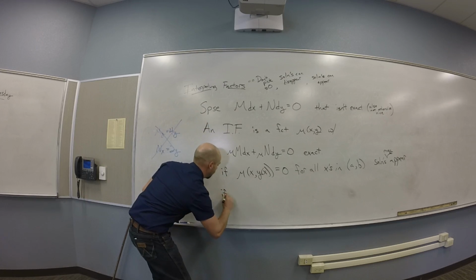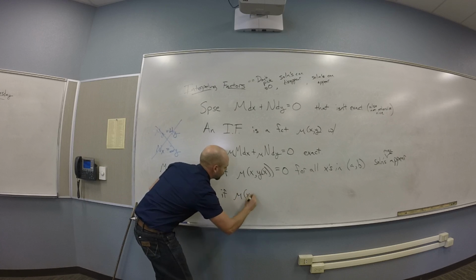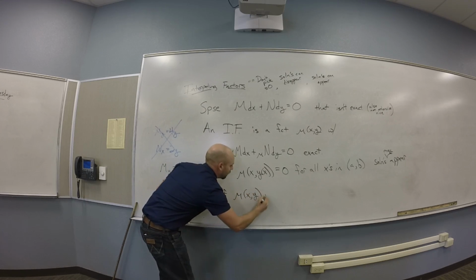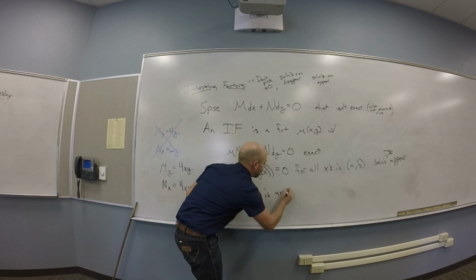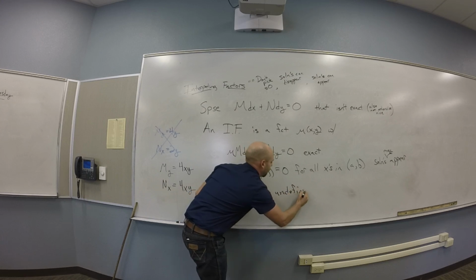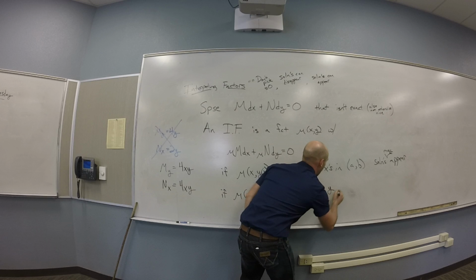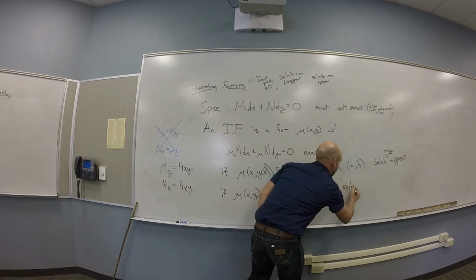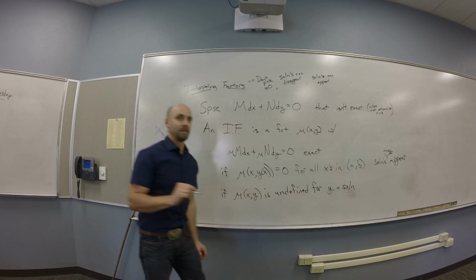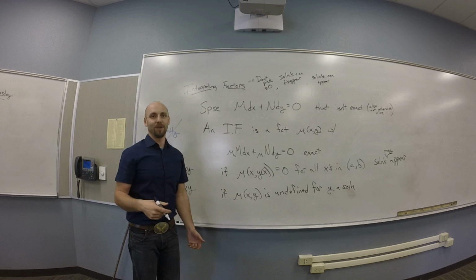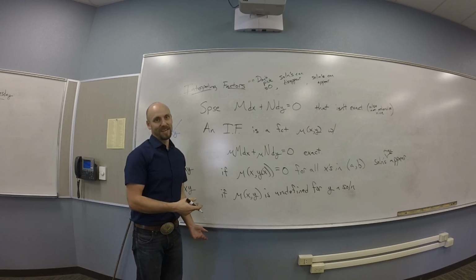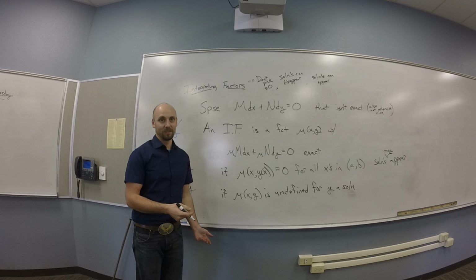Or if mu of x and y is undefined for y a solution, then of course it disappeared because it didn't make any sense in your exact equation.